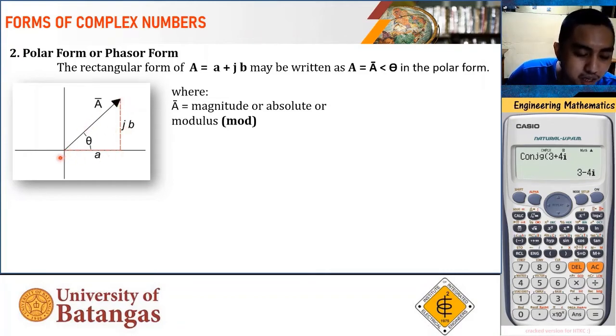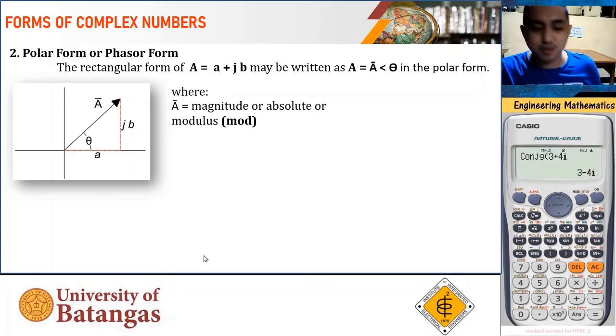So itong aking A is the real part, then itong aking JB is the imaginary part. So itong dalawang ito ay ang aking sides ng aking right triangle, then itong aking A bar or yung aking magnitude or absolute, yung aking hypotenuse. So, kung ito ay hypotenuse, ito ang aking sides, makukuha natin yung ating absolute by using Pythagorean theorem.